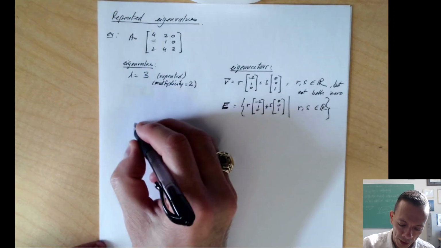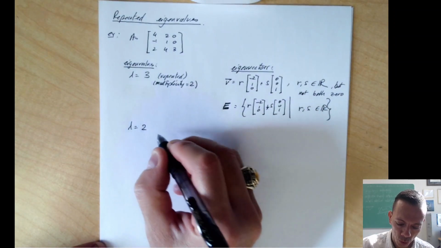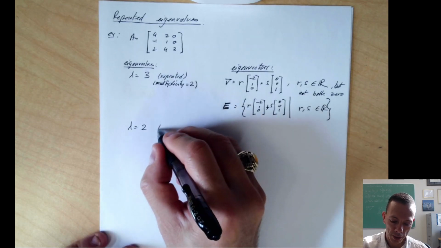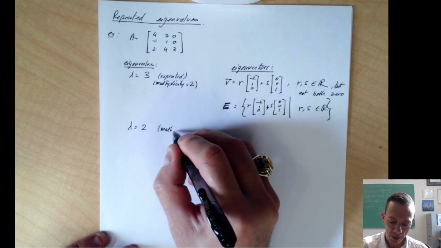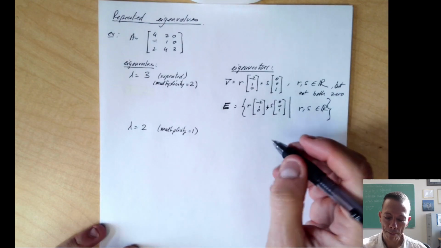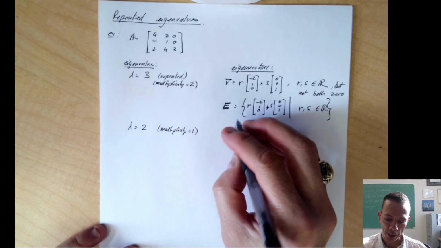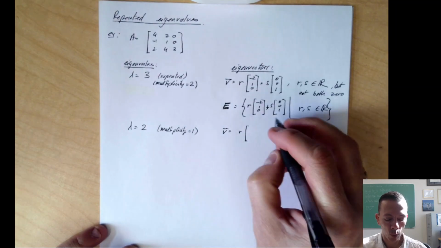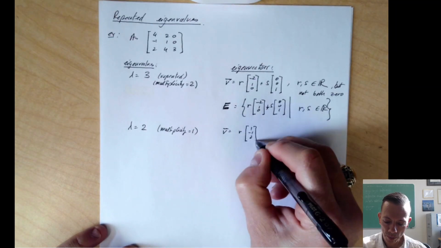Okay, the other eigenvalue, lambda equals 2, is not a repeated eigenvalue. It has multiplicity 1. In this case, we ended up with V equals R times 1, negative 1, 2.